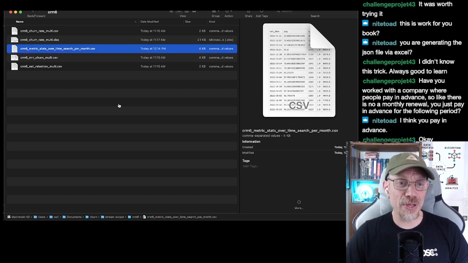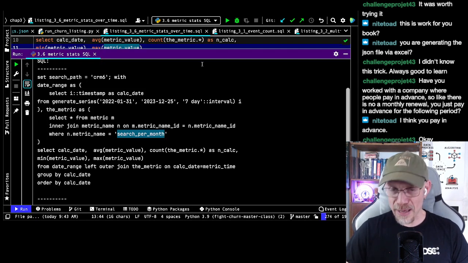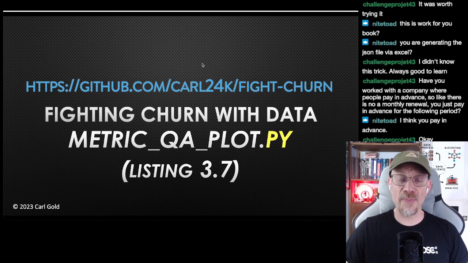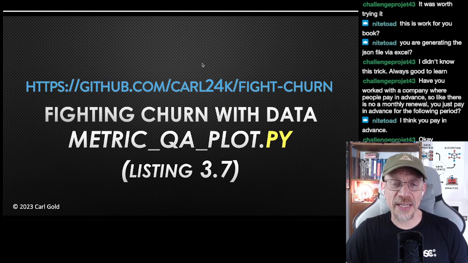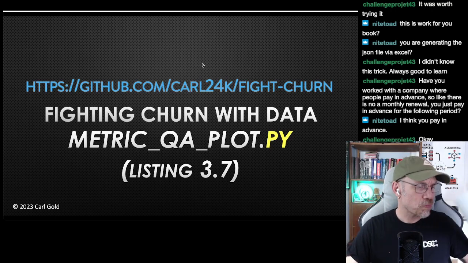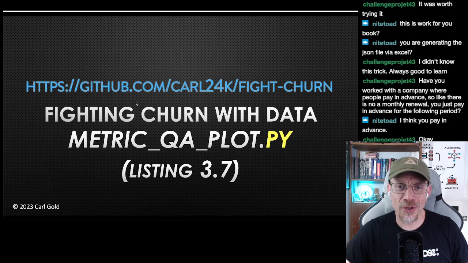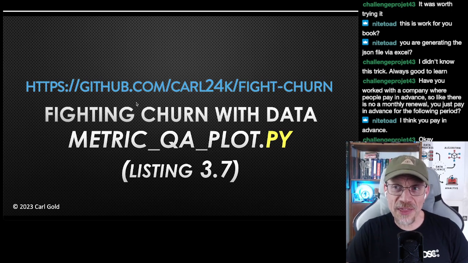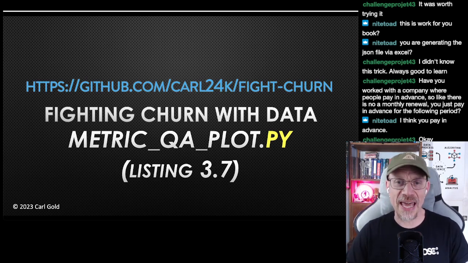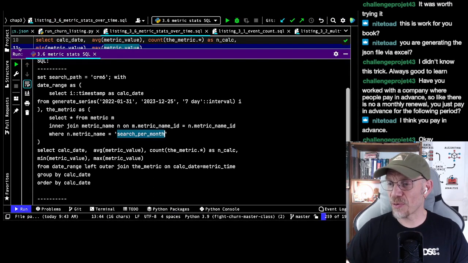So now the only remaining stage is to look at the result. I think I have a slide for this, 3.6. The next step is to make the nice looking plot like I showed in an earlier slide. For that, I'm going to go to the first Python listing in the whole book. This was the metric QA plot, which takes that output and turns it into a plot. So let's look at listing 3.7.